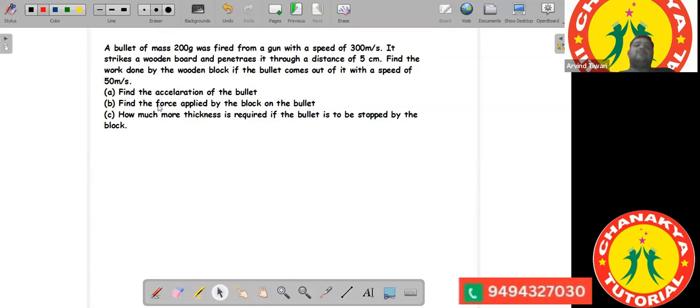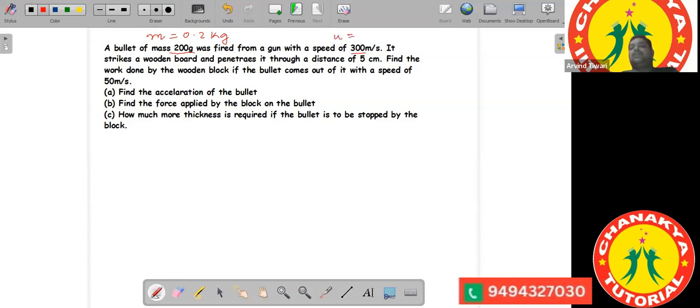See, for the first one, what all things are to be calculated? Mass is given as 200 gram. So we convert this to kilogram and mass will be equal to 0.2 kilogram. Here we know the velocity, but this is the initial velocity of the bullet.